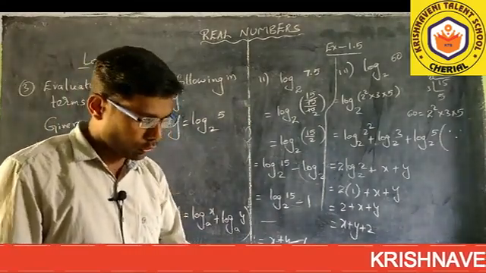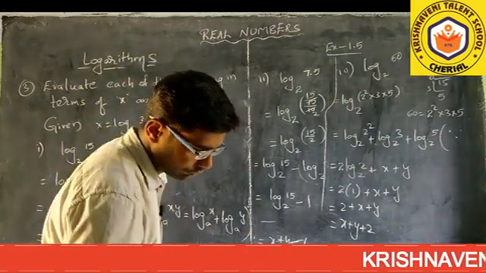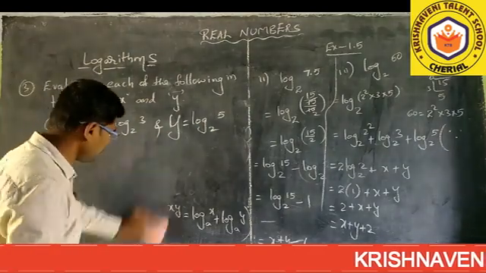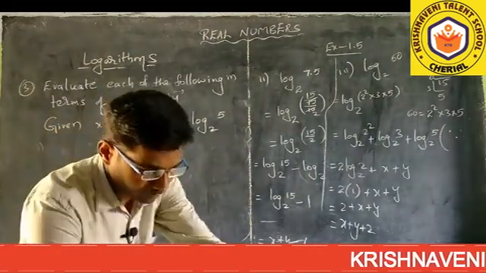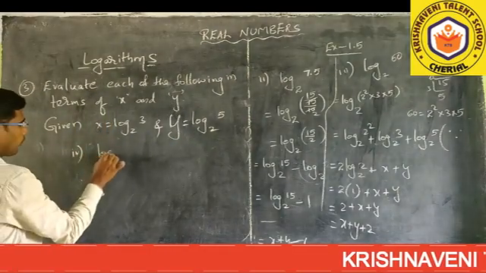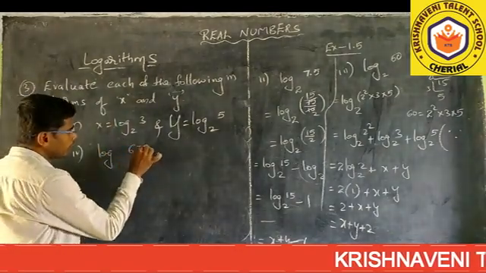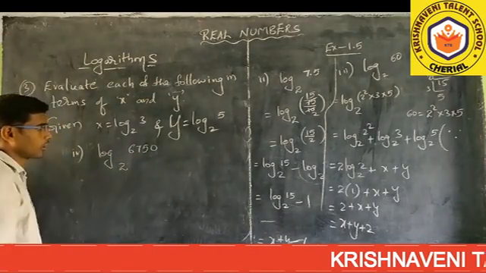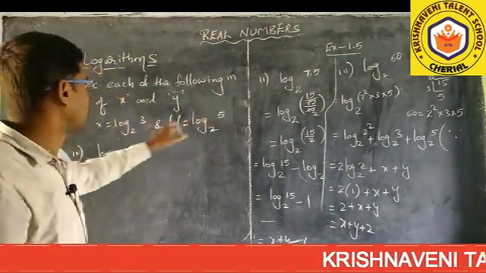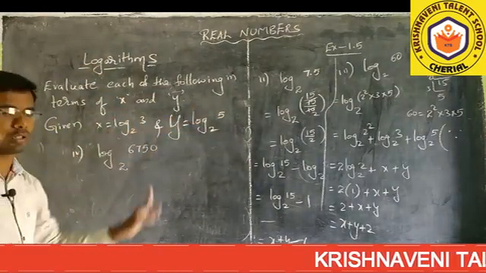In the same way, you have to do another problem as homework. Log 6750 to the base 2: you have to express this in terms of x and y, where x is log 3 to the base 2 and y is log 5 to the base 2.